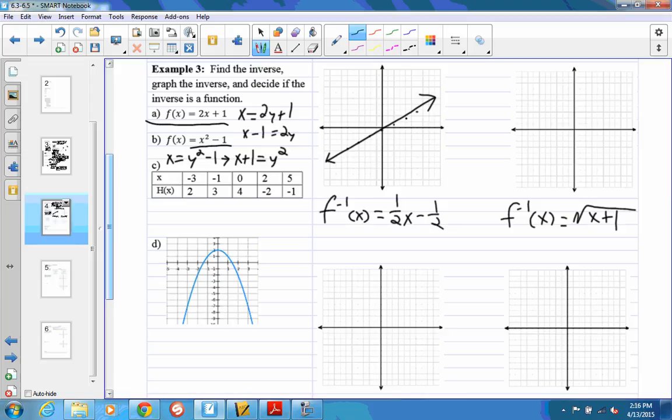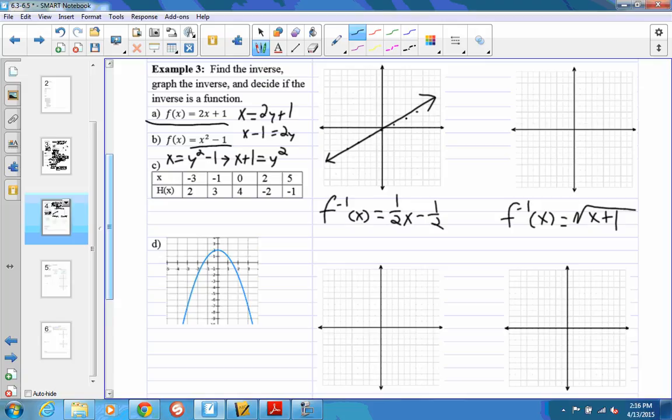So all of the things, you're just doing the opposite of what it's doing. So x plus 1 equals y squared, the opposite of squaring is the square root. Lauren's making a point. You can logic out a lot of these. What is happening to x?